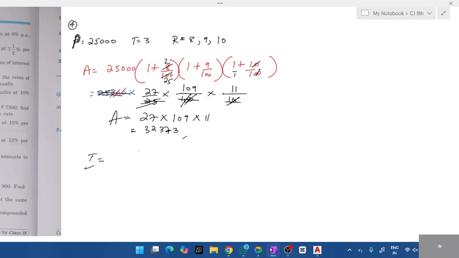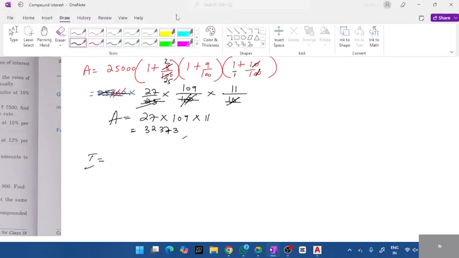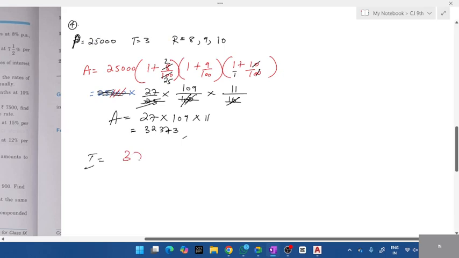Find it, Kia, do it. 7,370. 32,373 minus 25,000 is 7,370.